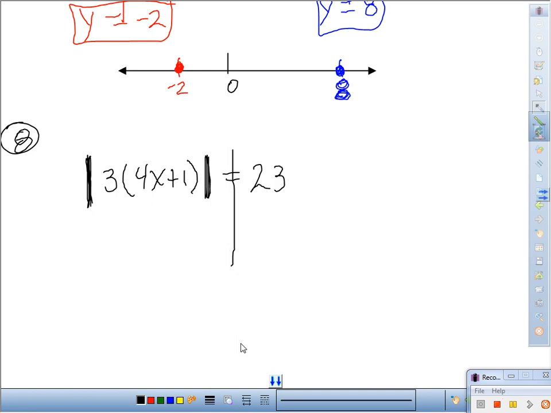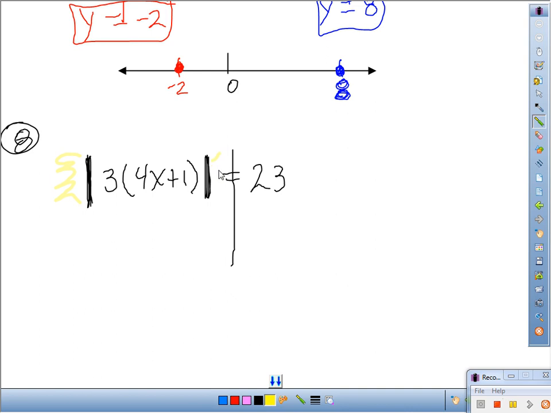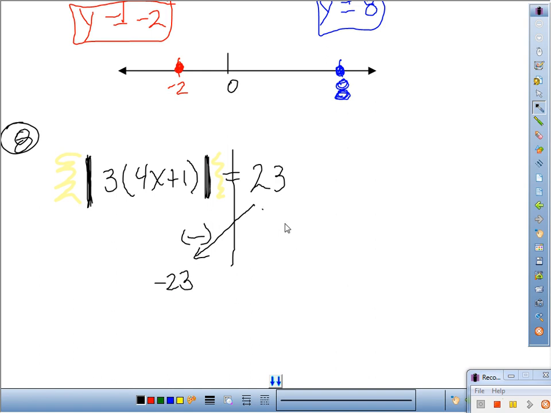All right, so let's look at it. The absolute value is on the left side. Question: is there anything outside of the absolute value on that side? There's nothing here or nothing here. Therefore, at that point, what do we do? Two equations. I'm going to draw my arrow: one arrow for my -23 and one arrow for my +23.